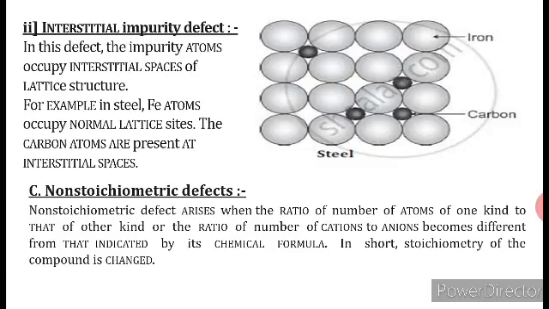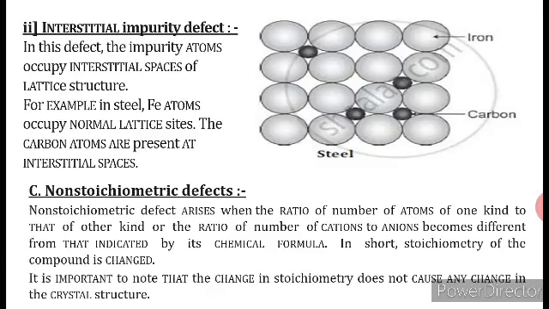Though the stoichiometric ratio is changed, the crystal structure remains the same. Its geometry is not going to change. Okay, the regular pattern will remain as it is. So though the ratio between the constituent atoms of different elements, or between the cations and anions, is changed due to this defect, the crystal structure remains the same.